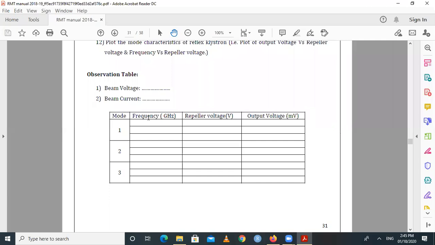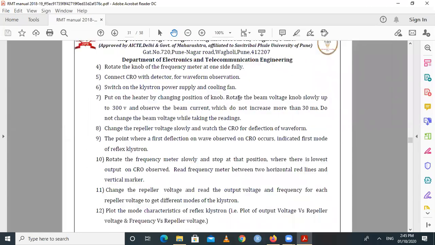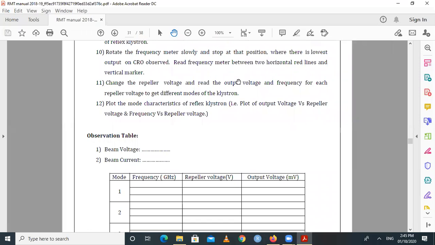Frequency you can observe using a direct reading frequency meter, and output voltage you can find on CRO. So are you getting the procedure for this experiment? Yes or no? Yes, sir.